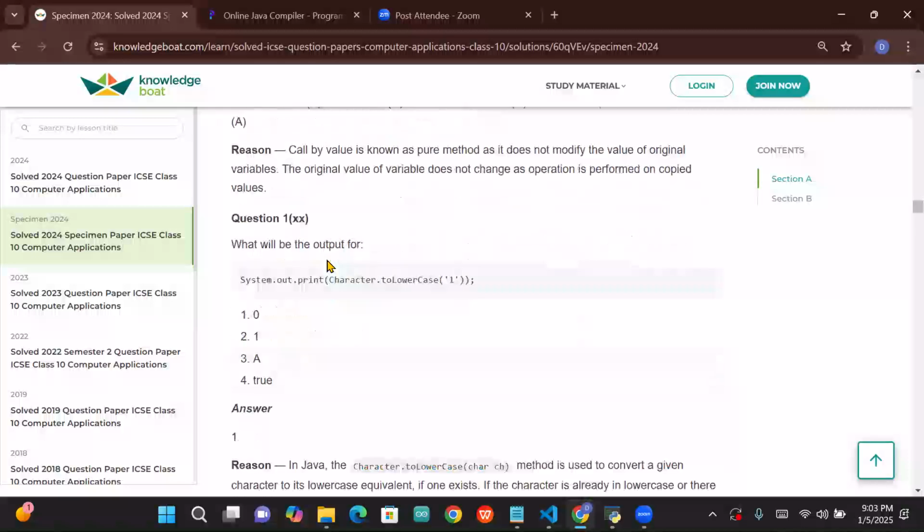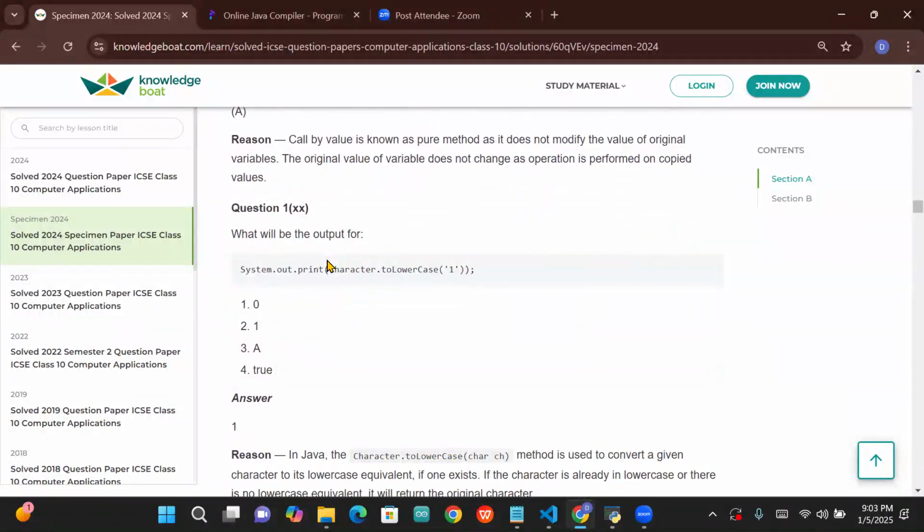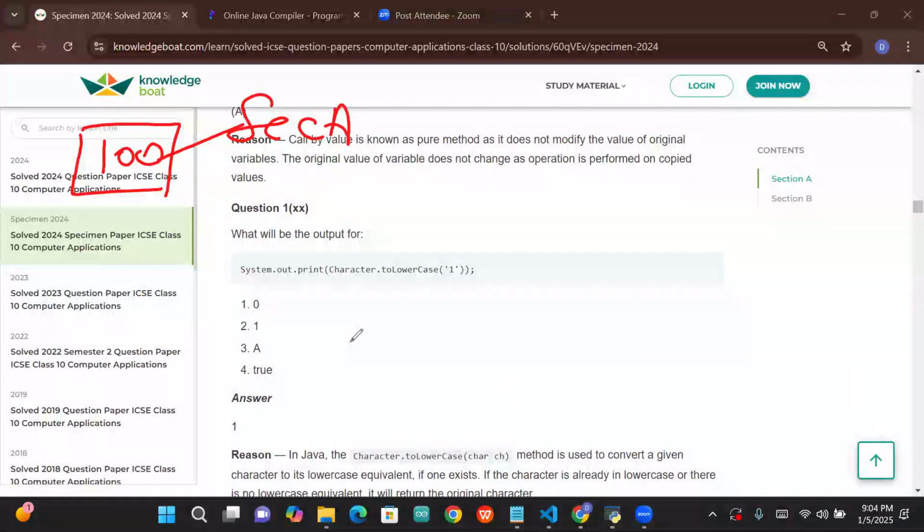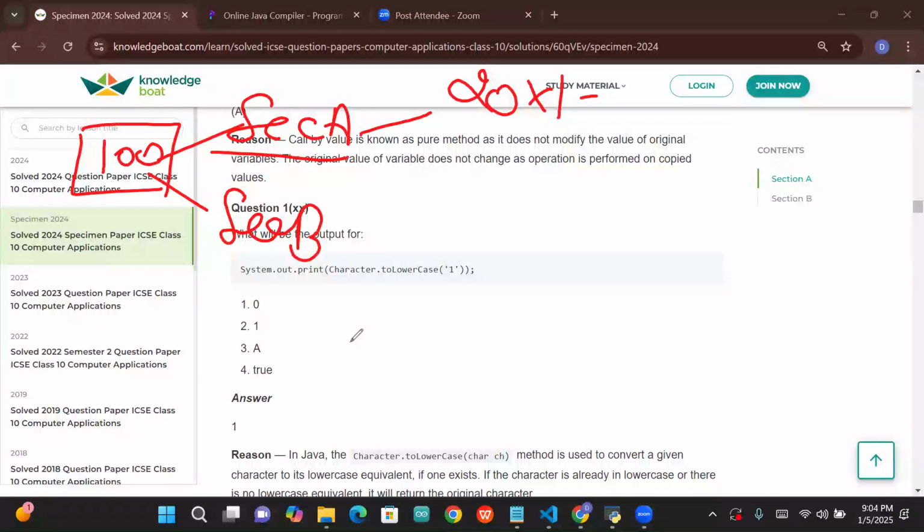Now I want to tell you a little bit about the pattern, how questions actually come in your paper. You have a complete 100 marks paper. In that they will have section A and section B. In section A, they will ask 20 MCQs, each having 1 mark, total 20.